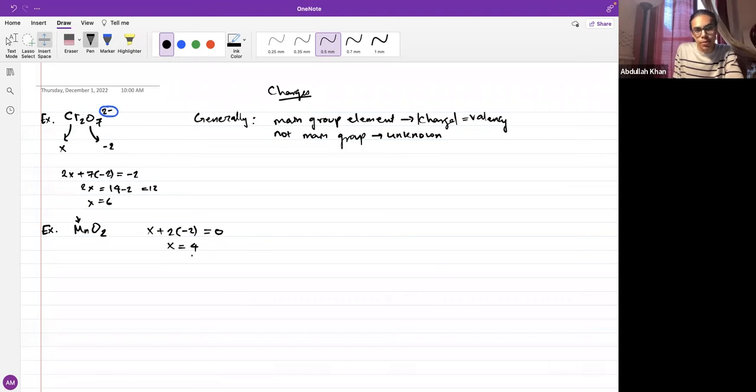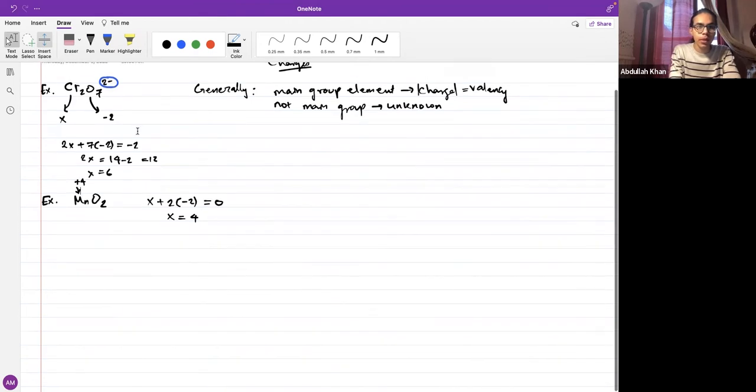So x is +4. So manganese here has a +4 charge. It's very important that you get this part. Any questions? Okay. We'll see more of this in a little bit.